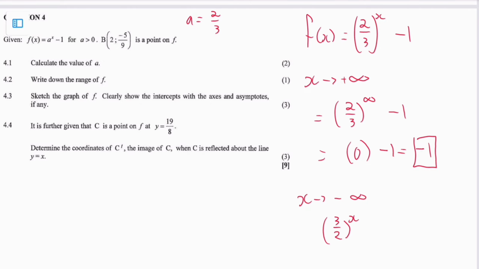Because 2 over 3 to the power negative x is the same thing as 3 over 2 to the power x. So if we're saying 2 over 3 to the power negative infinity, it's the same as saying 3 over 2 to the power positive infinity. And that will just give you infinity minus 1, which is infinity. So as we go to the left, the range of f becomes super, super big.